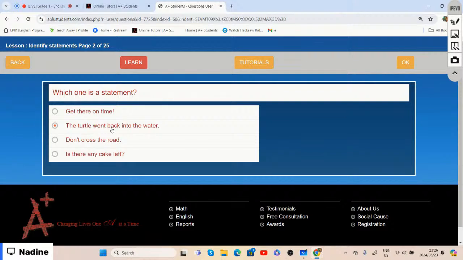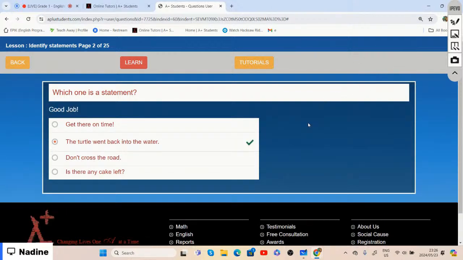That is just a statement. It's just telling us what happened, that the turtle went back into the water. So option two is correct.